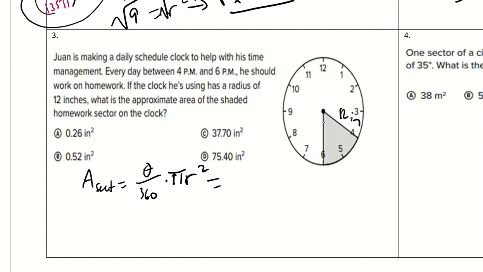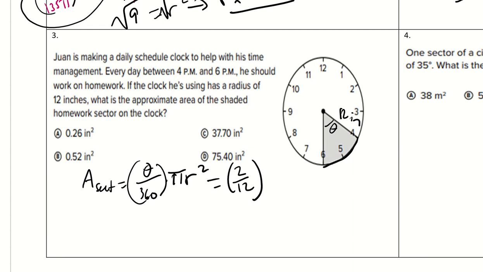But this angle is not hard to find. We know there's 12 parts to the clock, and we're covering 2 parts of the clock. So this is actually 2/12 of the clock, right? So basically the theta over 360 can be replaced with 2/12 of the clock.